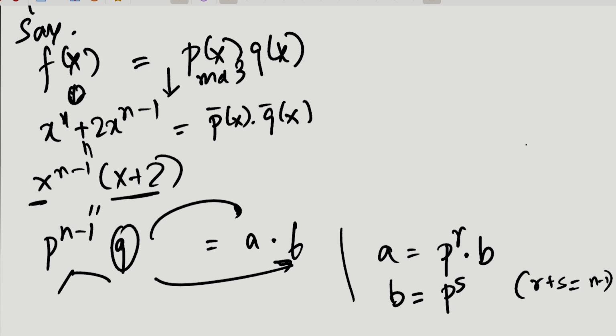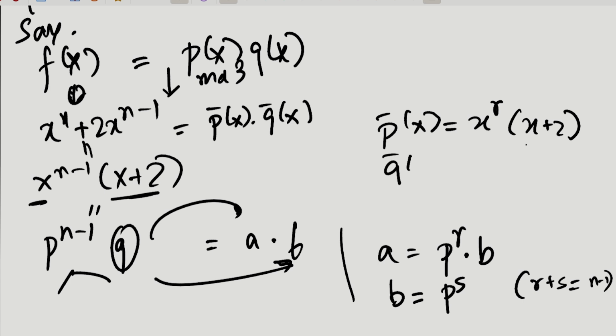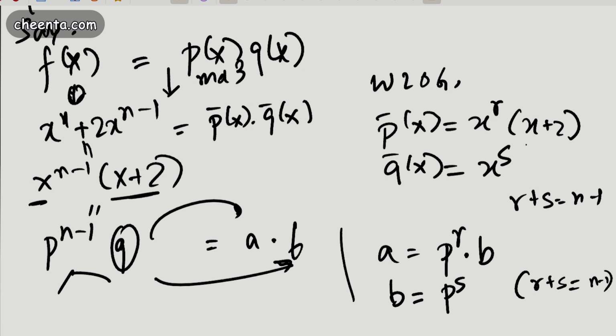The exact same thing happens here. These two are irreducible, which means that p bar x is some x to the power r times x plus 2 for some r less than or equal to n minus 1, and q bar x is some x to the power s, again without loss of generality, where r plus s is equal to n minus 1. What I did here is really just an analogy.